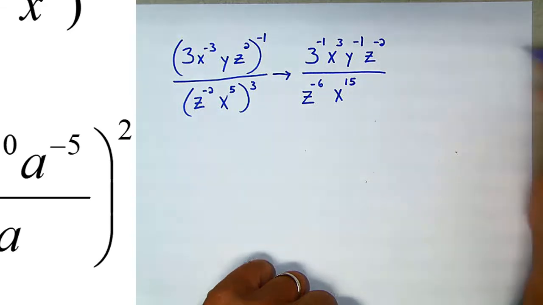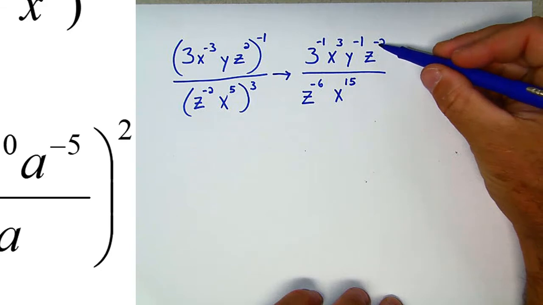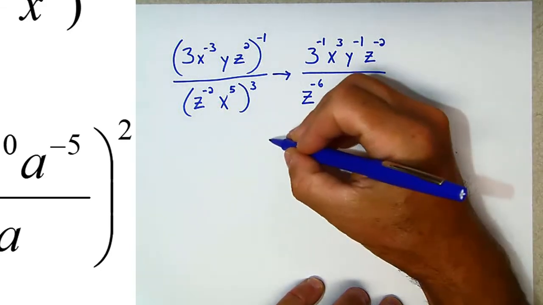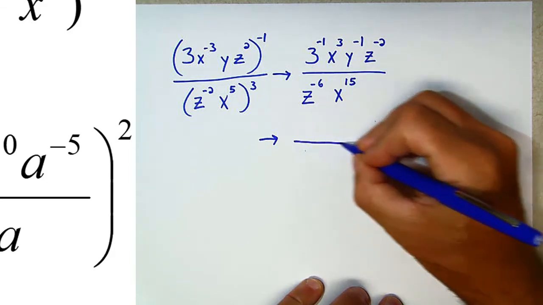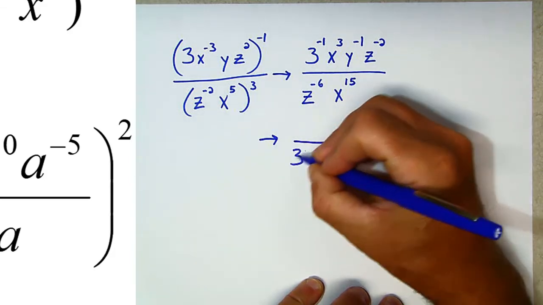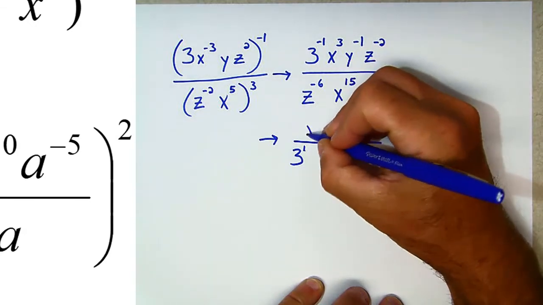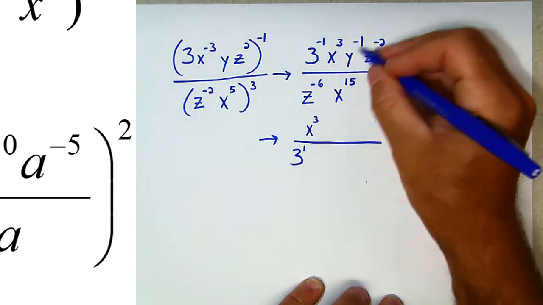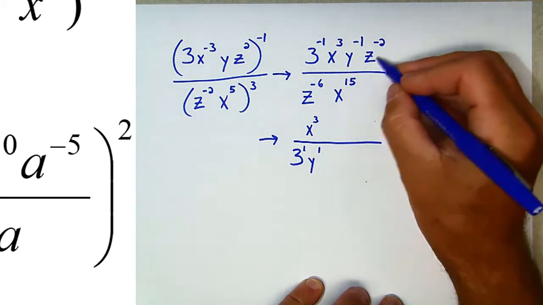Okay, now we don't have any parentheses left. Now, any of the negative exponents we will make positive by moving them to the other half of the fraction. So 3 to the negative 1, we're going to drop that down to the denominator and make it 3 to the positive 1, which we'll simplify in a minute. That x to the third can stay on top. Y to the negative 1, we'll send that down and make it y to the positive 1.